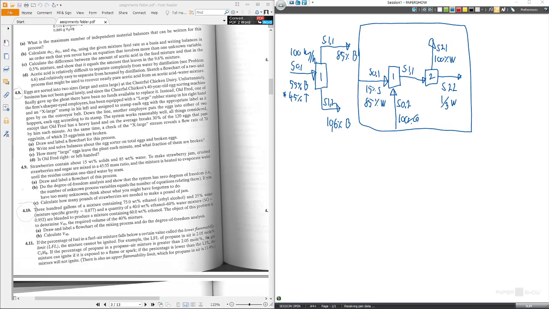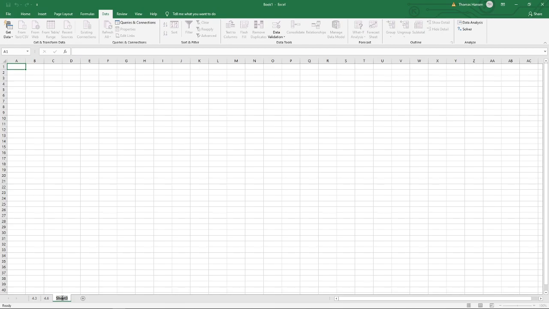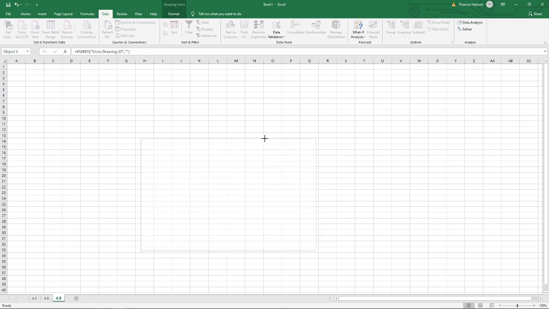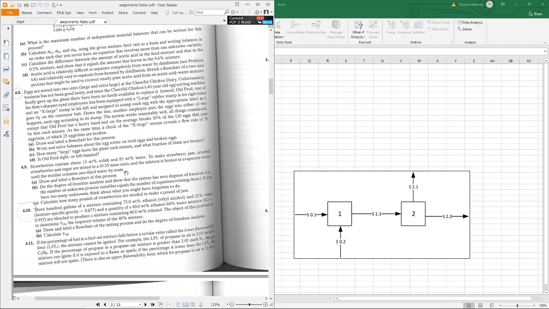So if I can just find Excel. I can't. There we go. We'll make a new one. This one was for 9. I've made a small drawing here. Oh, are we told the masses?